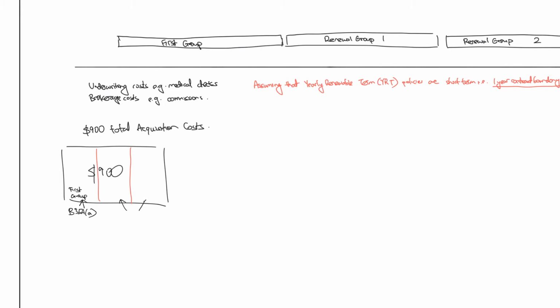And then under B35AB, these are the amounts that relate to renewal group 1 and renewal group 2.